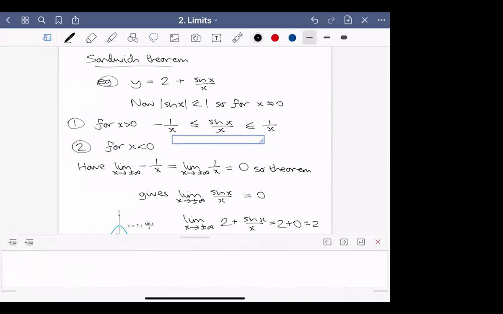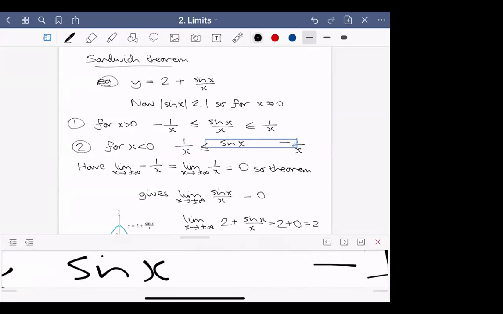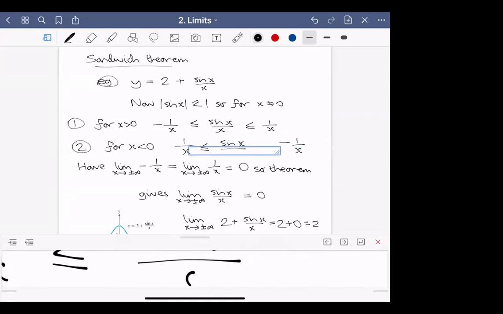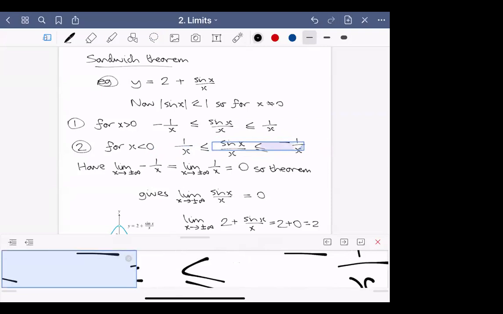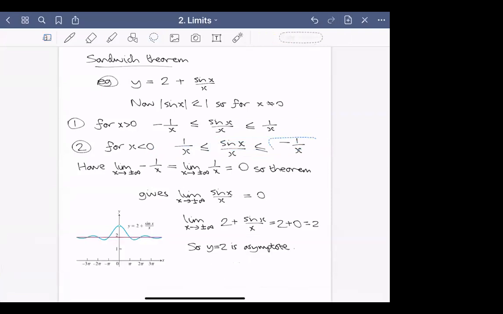Because for x less than 0, -1 over x is positive and 1 over x is negative. 1 over x is negative, -1 over x is positive, and sine x is between them. Okay, thanks very much for that.